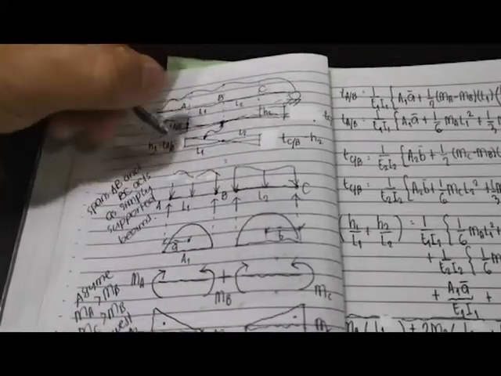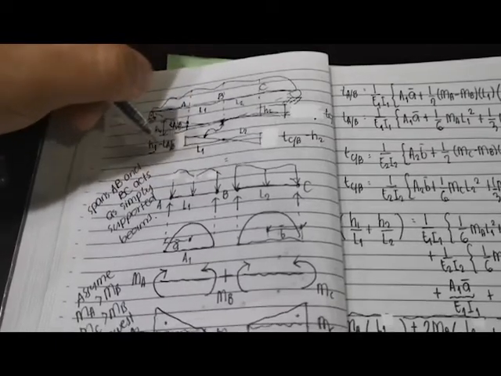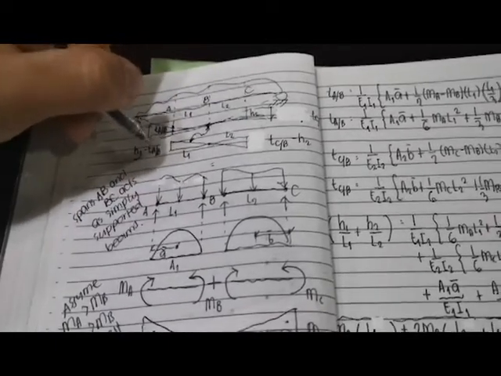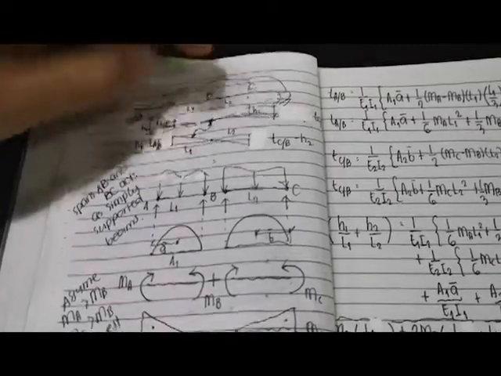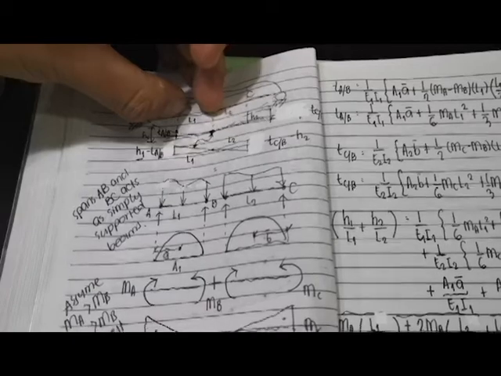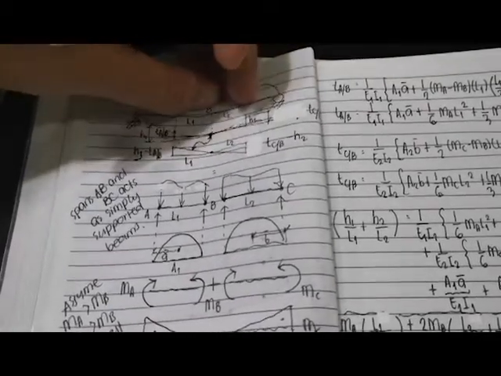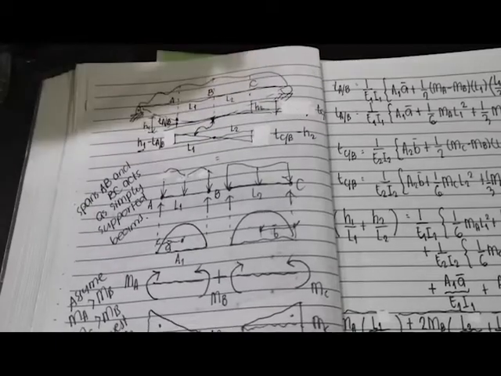Therefore, the height of this triangle is h1 minus the tangential deviation of A with respect to B, and its length from A to B is L1, while the length from B to C is L2.